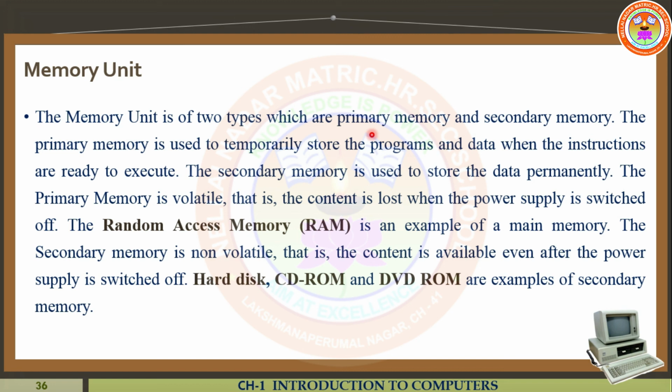These are the memory parts available in the memory unit. Right from the beginning, we discussed the different types of units in the computer. Number one is the input unit. Number two is the central processing unit. In the central processing unit, we have three components: number one, arithmetic and logic unit; number two, control unit; number three, memory unit.